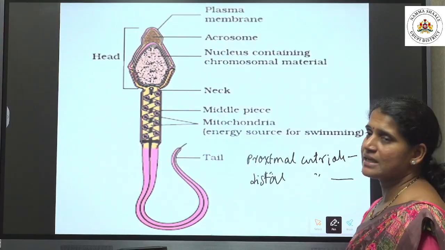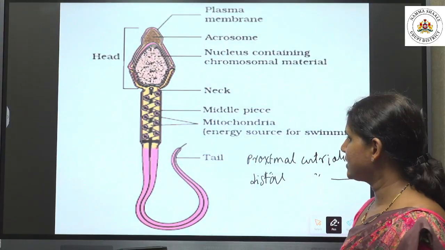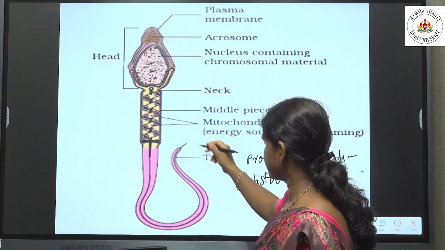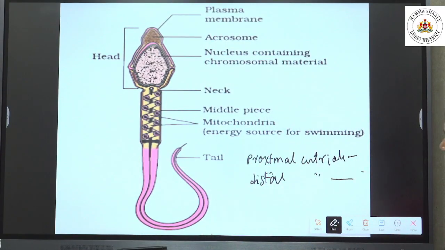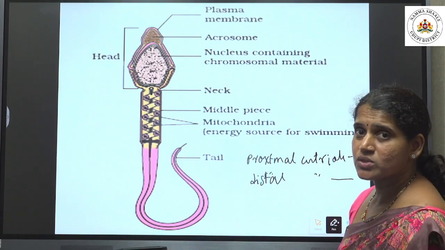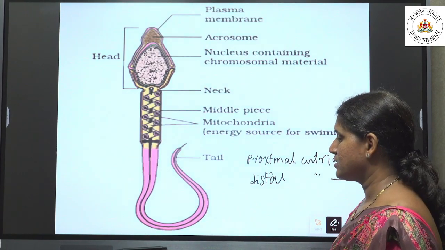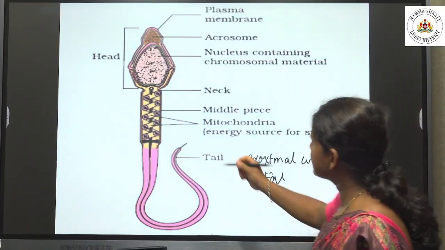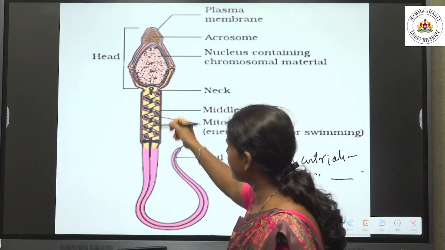The distal centriole helps in the production of the tail during the spermiogenesis process, the formation of the tail. So hence the middle piece of the sperm.